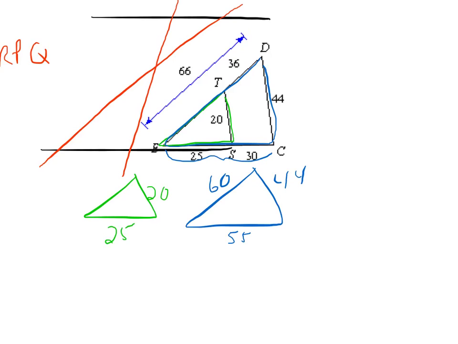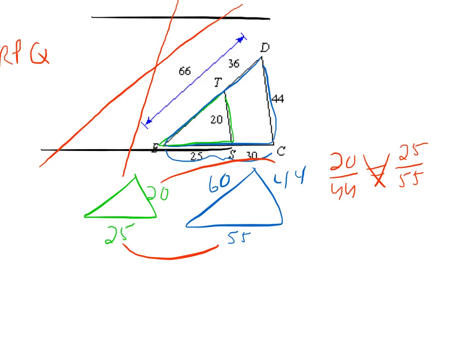Now, if they are proportional, I can make a ratio, and it'll be true. So I'm going to put corresponding sides together now instead of angles. I'm looking at sides. So 20 and 44 go together. They're corresponding sides, and that should equal, I'm going to put these two sides together. Now notice I'm going left to right, and that order matters because I have to do left to right for both of my fractions.